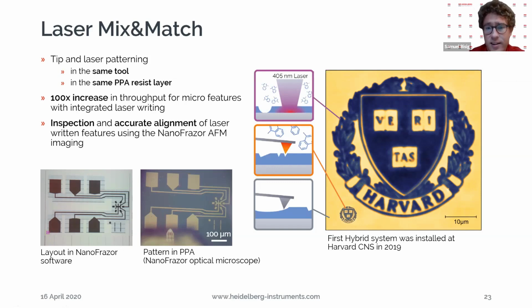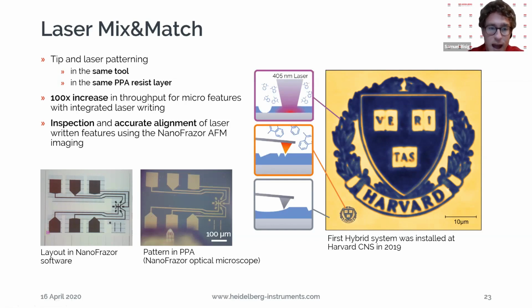With the laser you can have maybe a micrometer size spot, and in a design like the one you see here, you don't need the highest resolution everywhere, right? Because the tip is also consumed, you might want to use the laser for the bigger structures, for high throughput and no contamination, and only use the tip in the smaller areas where you have special requirements for resolution.